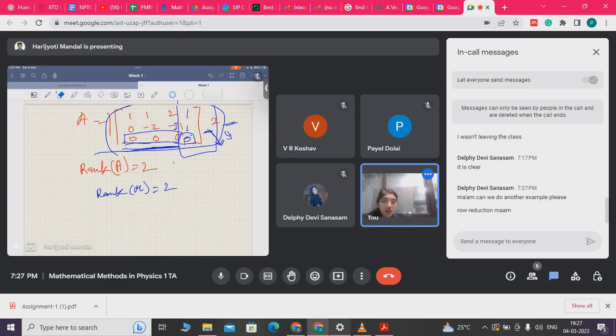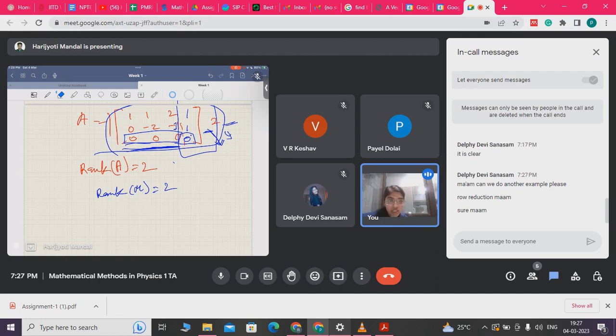Yes, we can do another example. Another example of what? Row reduction. Currently I don't have another example of row reduction, but I promise in the next class I will do several problems of row reduction for you.